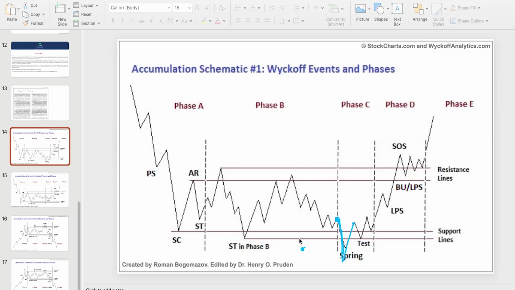If there is still supply at those zones, and the market tests on high volume or a high supply signature, then we might continue down and the whole structure might change to distribution. But in the case of accumulation, it tests down on low supply.